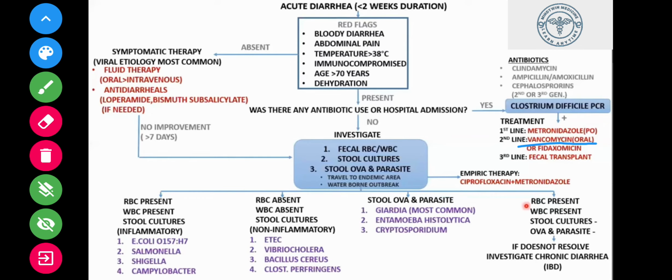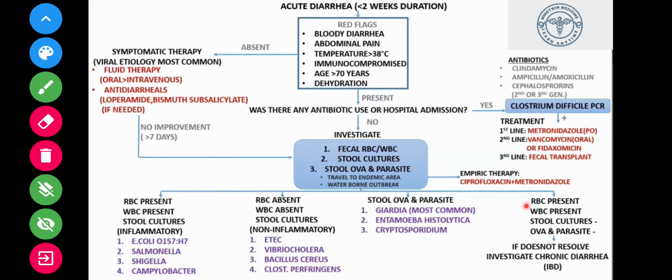So the second line drugs are vancomycin, which can be given orally, or fidaxomicin. And if it is not working or the symptoms are not reducing, then you can start a fecal transplant. A healthy fecal transplant can be done so that good bacteria can grow inside the colon of the patient. That would be the treatment.